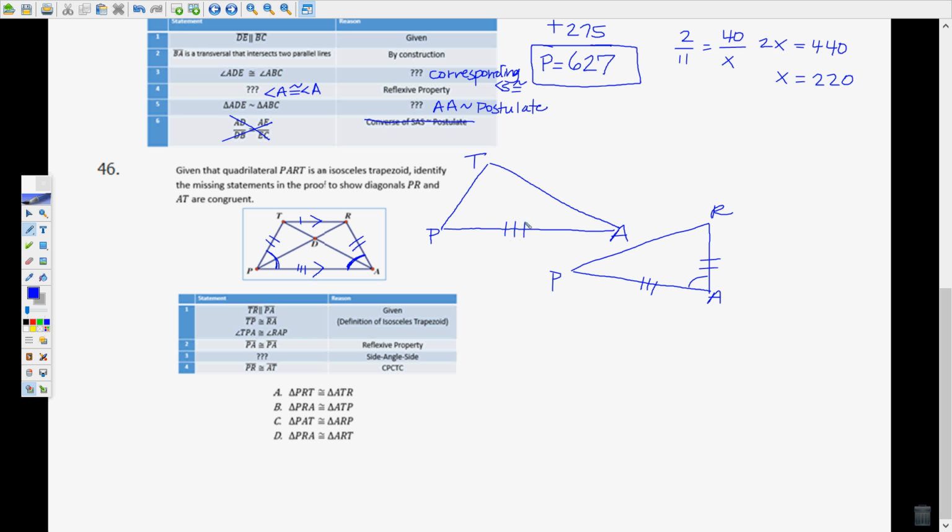And then you've got this marked and this marked. So now you can see that it's side angle side, and you can see the correspondence of the triangles instead of just trying to guess what matches up with what. You want to make sure your P matches up with your A, your R with your T, and your P with your A again. So B would be the answer here because P matches up with A both times and the R matches up with the T. And that's the only one where that happens.